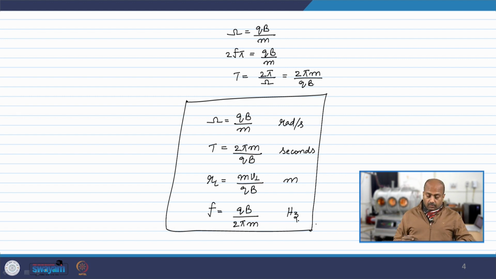Now, there is some more discussion related to this topic, where we will try to establish how the particle's trajectory can be drawn given the type of magnetic field. For that we have to be clear how we are defining the coordinate system and which particle will rotate in which particular direction, right?